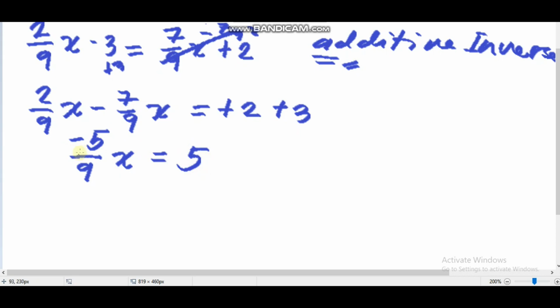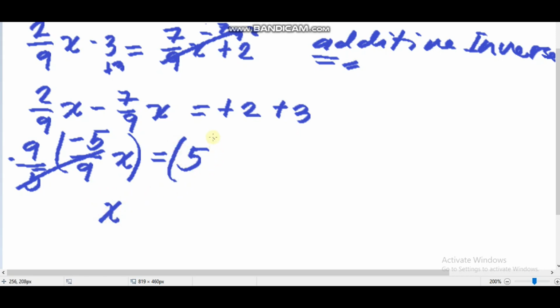Now, what you have learned earlier is you can multiply this by its multiplicative inverse. So, we'll just multiply that by its multiplicative inverse, which is negative 9 over 5. This one is equivalent to 1 already. So, a number multiplied by its multiplicative inverse is always equal to 1. 1 times x is x.